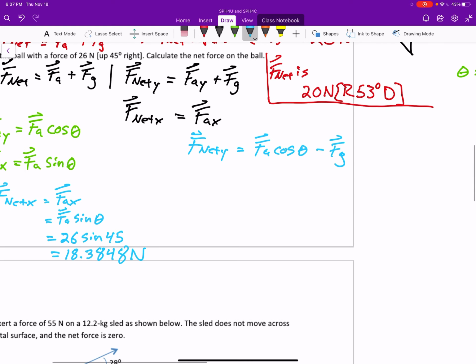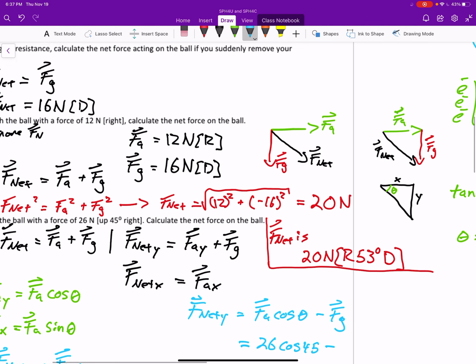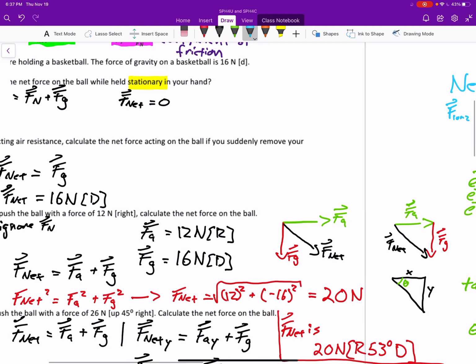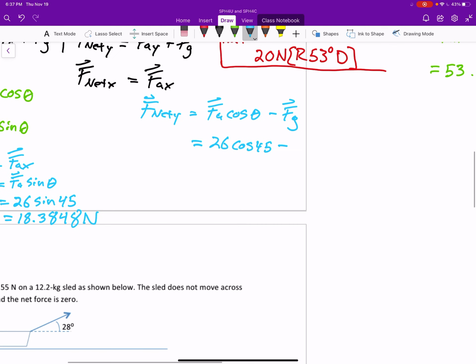So what do we get? FA is 26 cosine of 45 minus the value that we were told. The gravity was 16, right? Yeah, 16. So that stays the same.